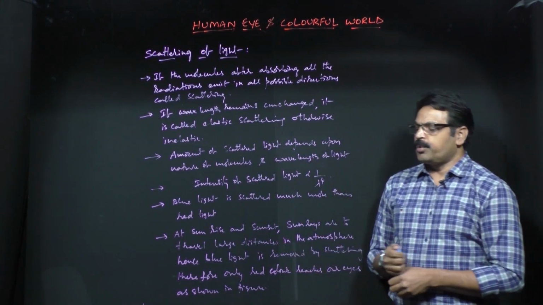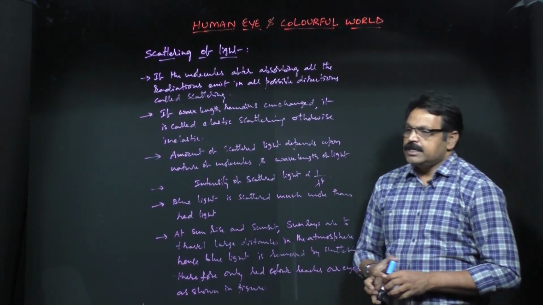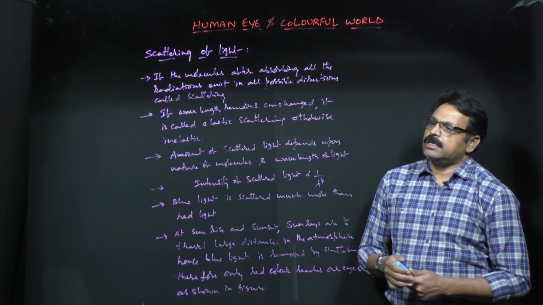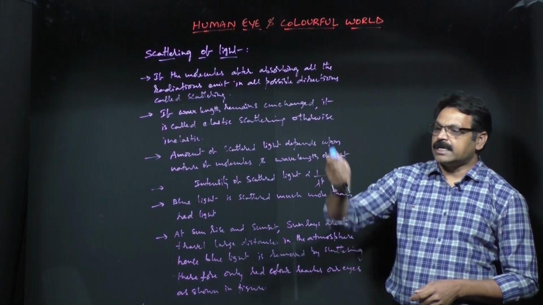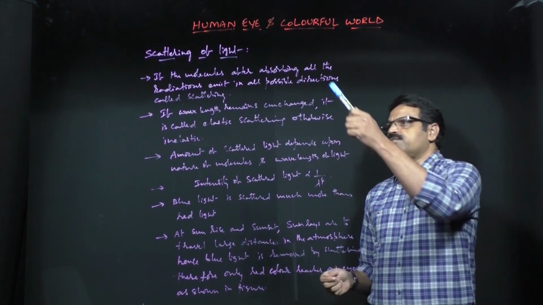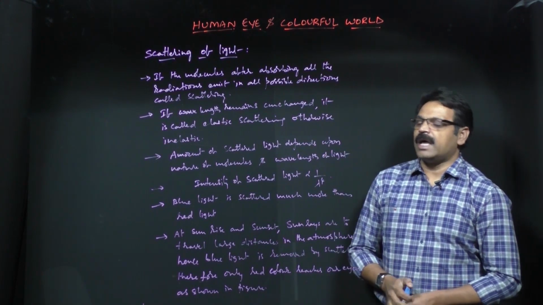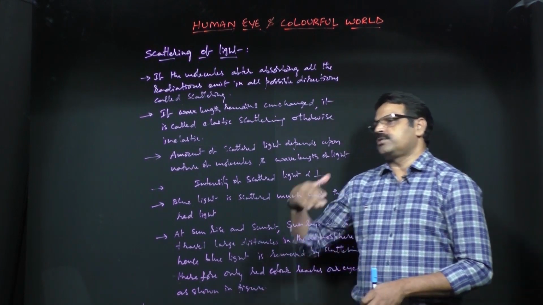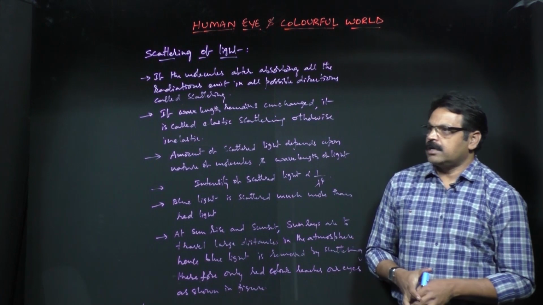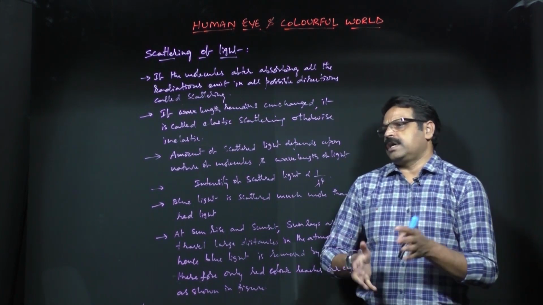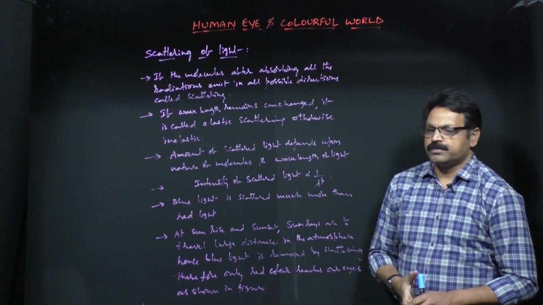So here 2 points you need to remember: the reddishness of the sun as well as the sky appearing blue. That is because of the scattering nature of the light, and this is one of the applications of the natural phenomena of light. So rainbow is one application and scattering of light is the other application, and now we look at the other cases also.